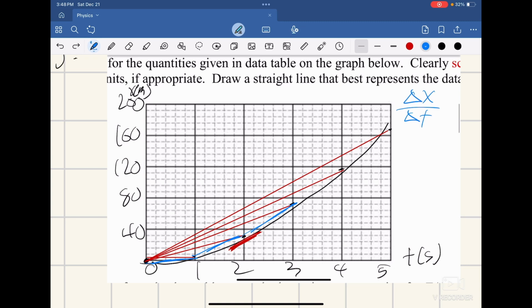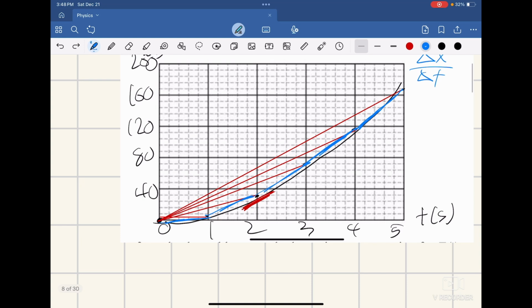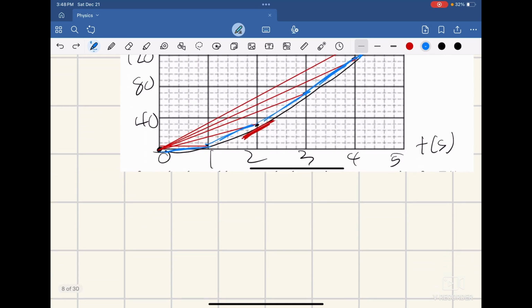So each slope is like this. But as we can see, it is increasing every time. It becomes slightly, at the very least, steeper each second. So what happens to the average speed of the car during each second is that it increases. Okay, so I'll write it here.